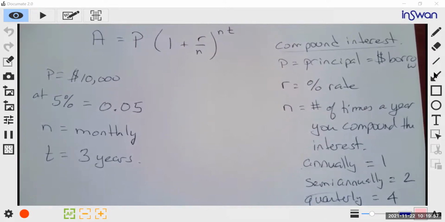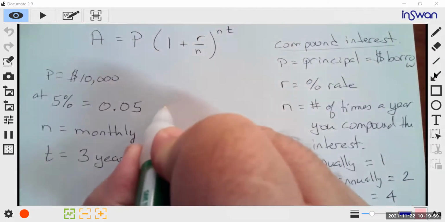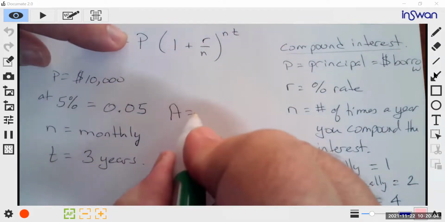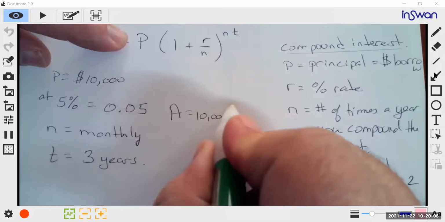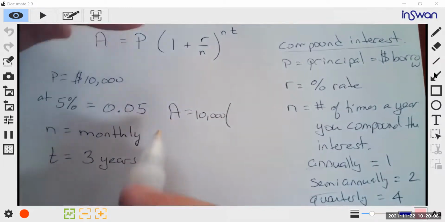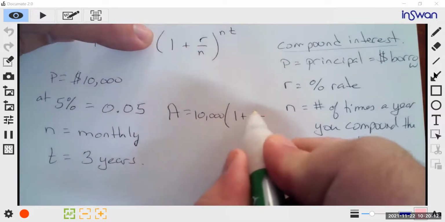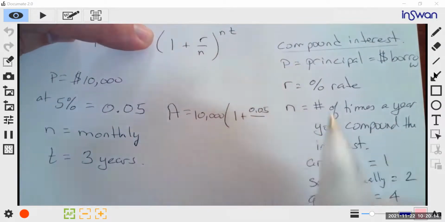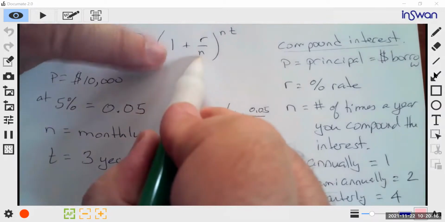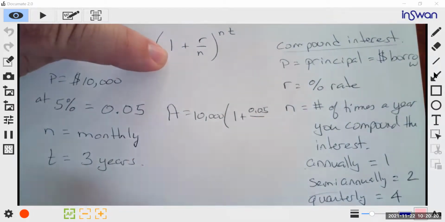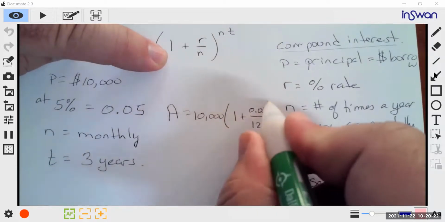So far, so good. So what this does is our equation, the P, the principal, is 10,000. 1 plus the rate R, so it's 0.05 divided by N. What is N? 12, very good.